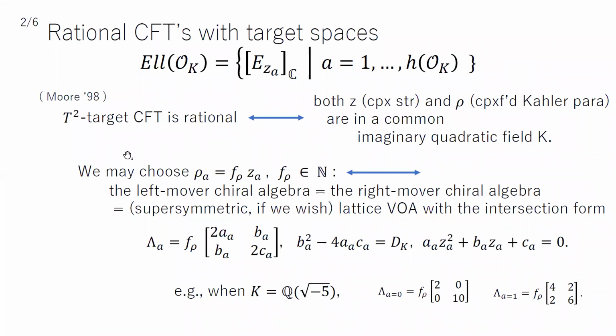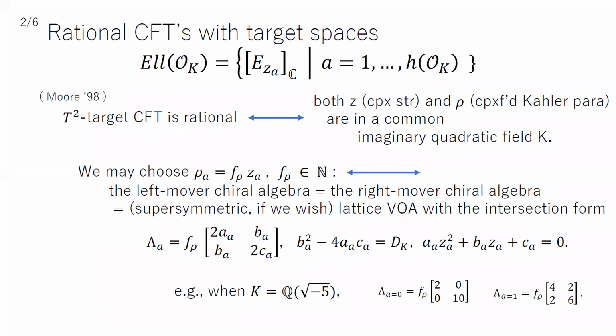And then the CFT is rational when both the complex structure moduli of the target space and the complexified scalar parameters are in one common imaginary quadratic field K. So the CFT is going to be rational not just when we impose the information on the complex structure, but also on the complexified scalar parameters as well. But that's fine because having the target space with complex multiplication does not put a constraint on the choice of the scalar parameters.